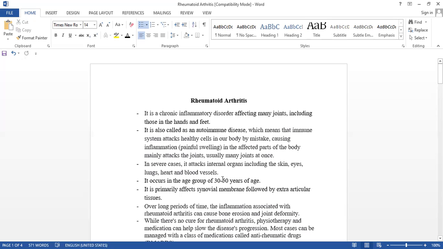At which age? 30 to 50 years of age. It primarily affects the synovial membrane and then is followed by extra-articular tissues. Actually, initially it affects the synovial membrane and then it is followed by the extra-articular tissues. But in severe cases, it attacks the internal organs also.